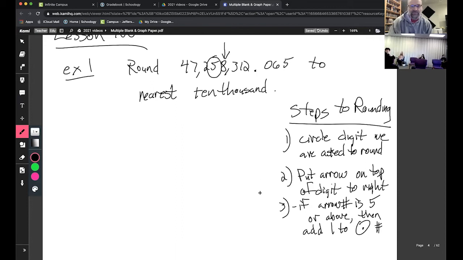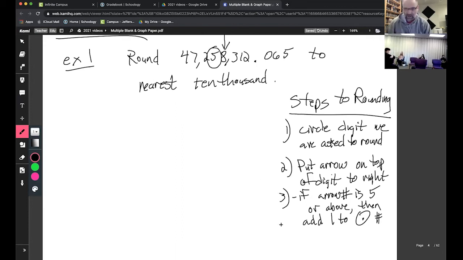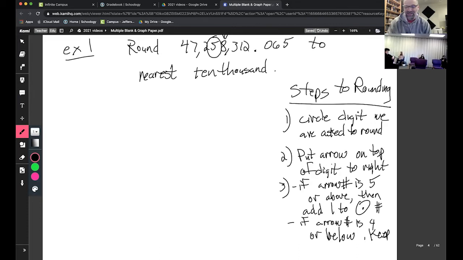If the arrow number is 4 or below, then you keep the circle digit the same.